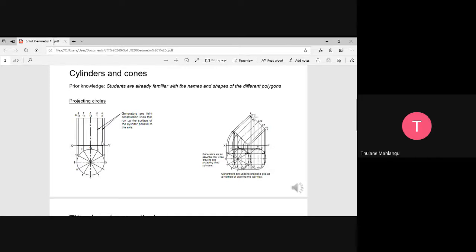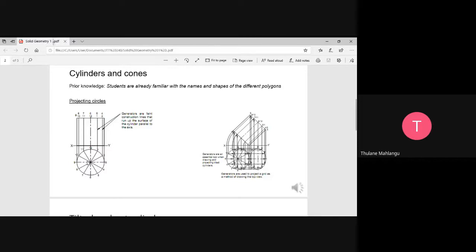Looking at this orthographic projection on your left, you have a circle in the top view, which is the top view of the cylinder. From a question, you won't be having those line segments there.